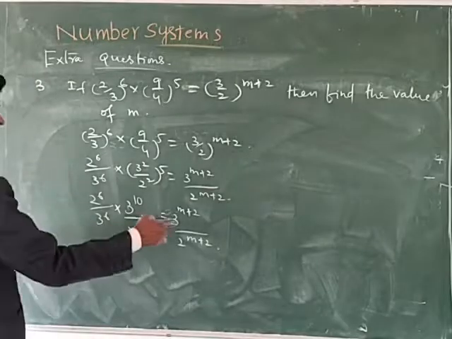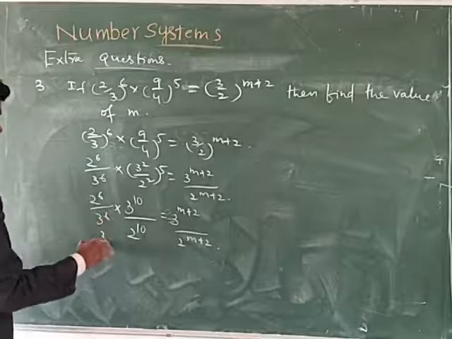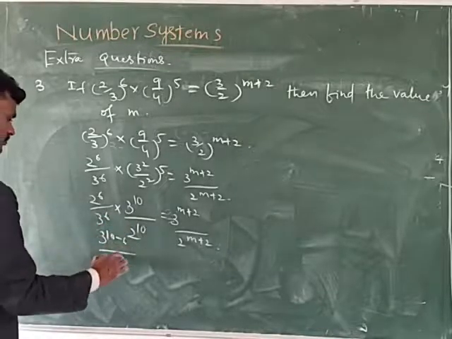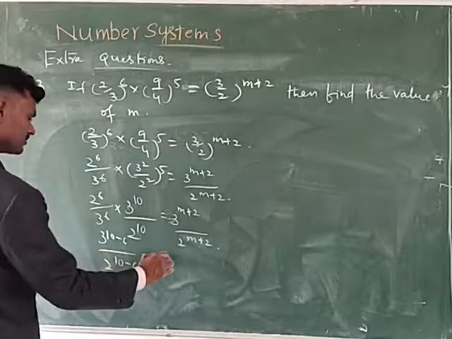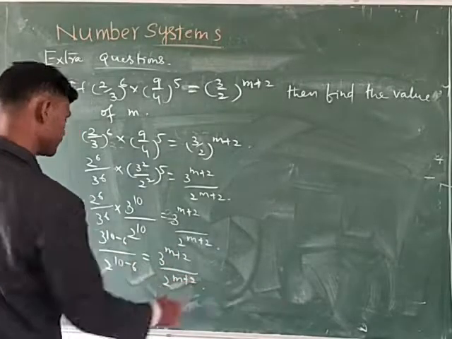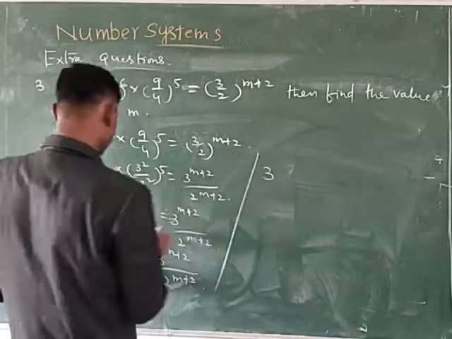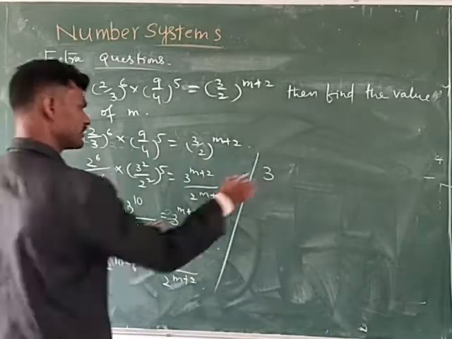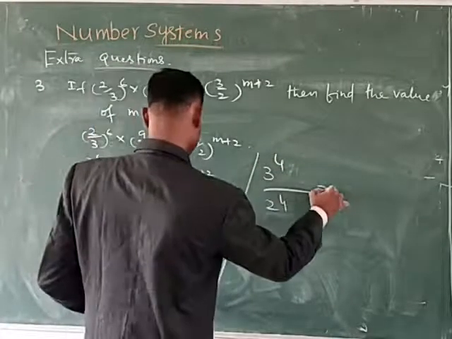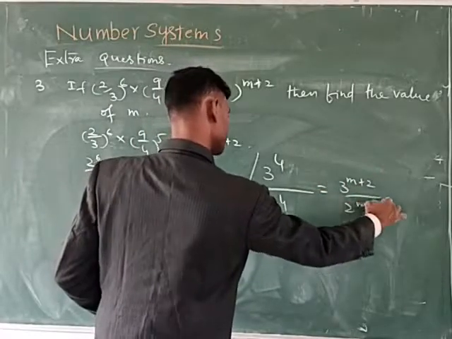Numerator is 3, denominator is 2, then here a power m by a power n is a power m minus n. So 3 power 10 minus 6 by 2 power 10 minus 6, 3 power 4 by 2 power 4, is equal to 3 power m plus 2 by 2 power m plus 2.